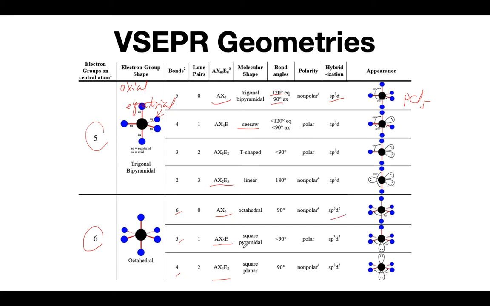And this is square pyramidal for this case, and square planar. One example for this square planar is this one. So let's see, platinum, NH3, 2. This one we call cisplatin. And this molecule is a very powerful molecule to treat cancer patients.